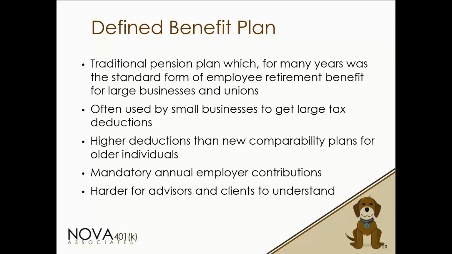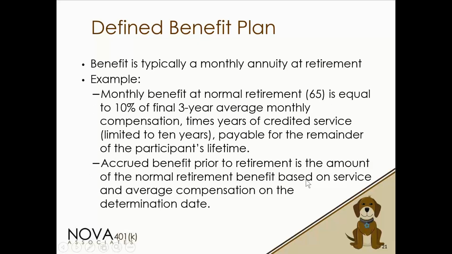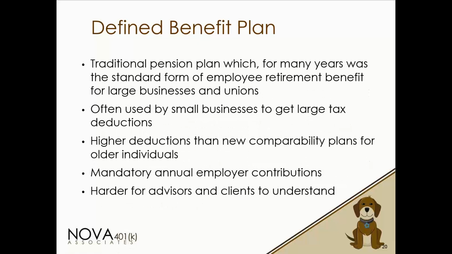So back then, most businesses sponsored traditional defined benefit plans, which work a lot like Social Security. You retire and get a monthly stream of income for the rest of your life. So that when you retired, you would have both your Social Security and your pension stream of income to make up maybe 2/3 of your income.